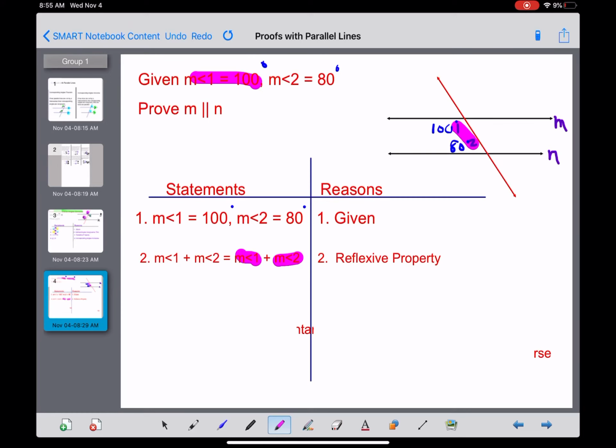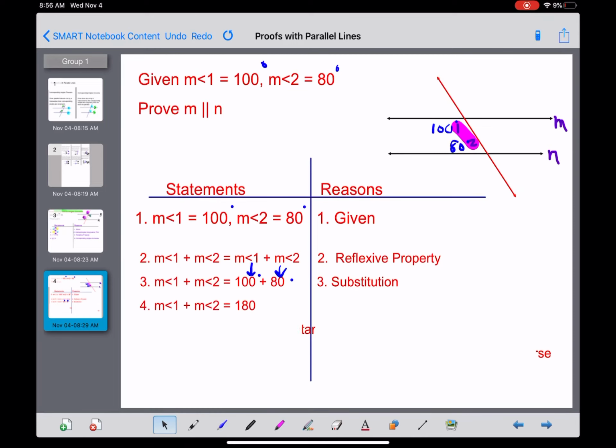So I'm going to substitute in those values. I'm going to rewrite that as the measure of angle 1 plus the measure of angle 2. Here's my substitution piece. Angle 1 is 100 degrees, angle 2 is 80 degrees, by substitution. I can combine like terms, so I can combine my 100 and my 80 to get 180 degrees, and we just simplify.